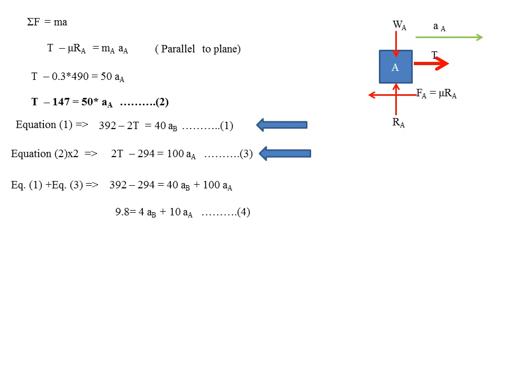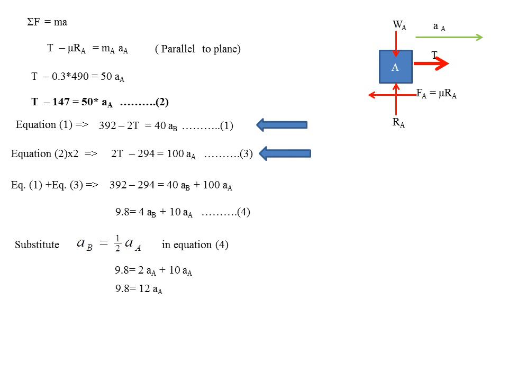For that purpose, as I discussed in the previous case, we already know acceleration of B equal to half the acceleration of A, right? So substitute this in equation 4, we will get 9.8 equal to 4 times AB. I am substituting as half AA. So 4 into 1 by 2 AA, you will get 2 AA plus 10 AA, right? So it will be 12.